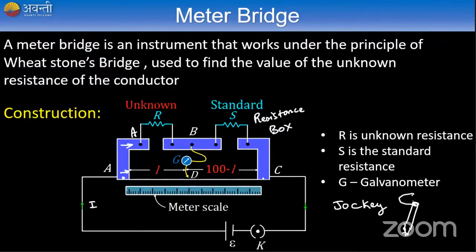What is the disadvantage of the carbon resistor? One of your friends is asking, sir, why should we not use the carbon resistor? If we use it, there will be some error. When we are doing an experiment, we don't want much error. Meter bridge is an experiment, and we don't want errors in an experiment.